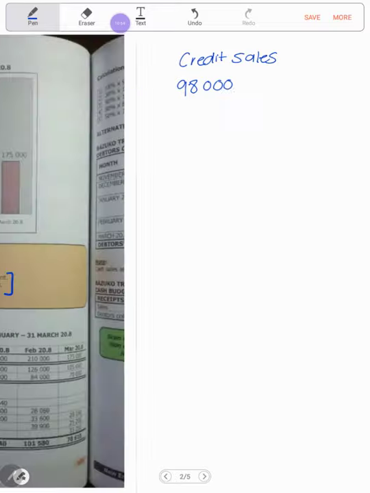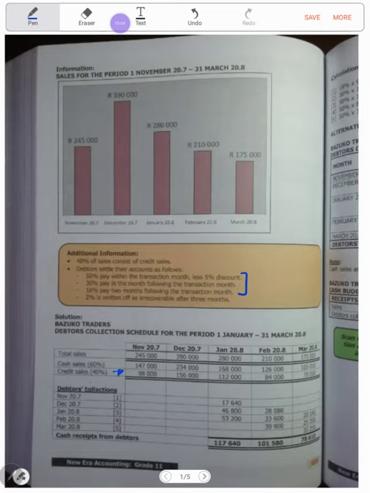Now we're going to be working with this schedule that they've given us. They say that 50% pay in the month of the transaction less a 5% discount. That entry would have been made over here. But because it is not my budget period, I am not interested. So I move on to the next bullet point.